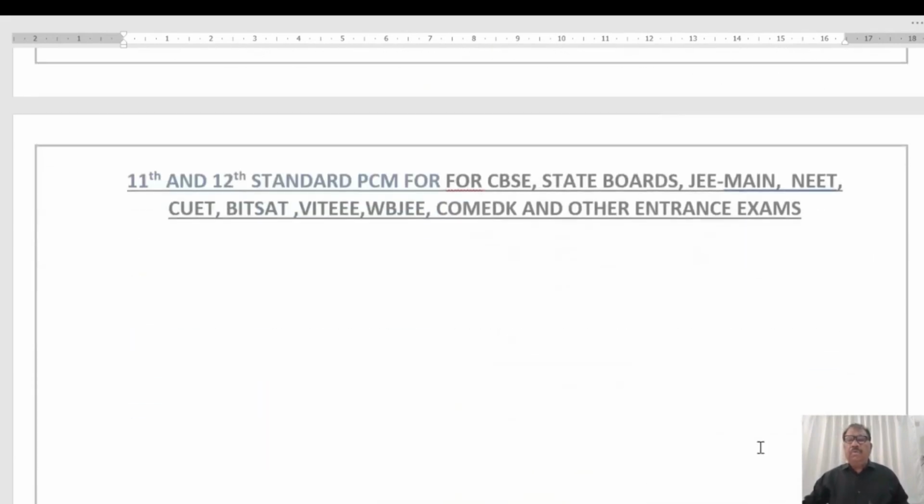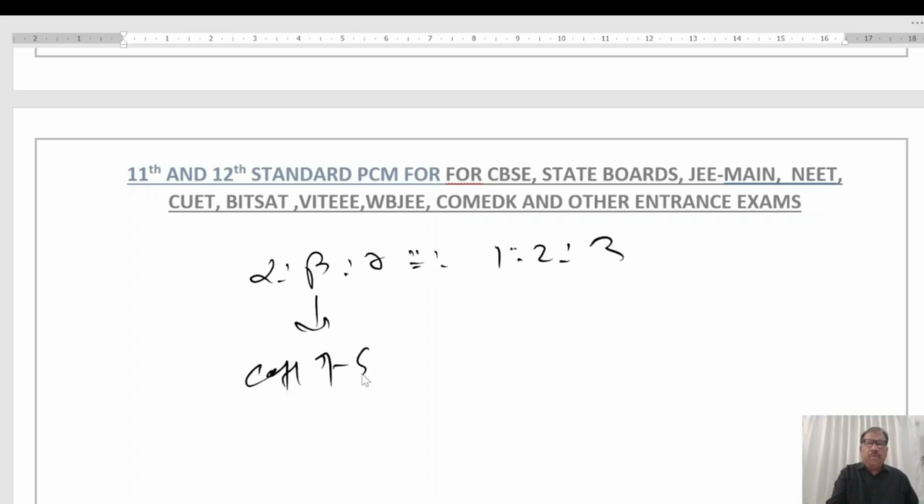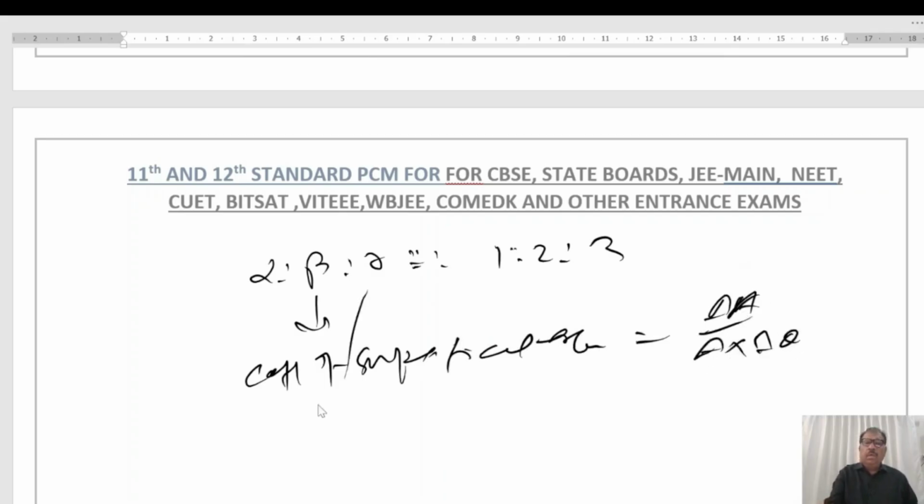In addition to this, I will provide certain information. Alpha is to beta is to gamma as 1 is to 2 is to 3. Coefficient of superficial expansion is delta A upon A into delta theta.